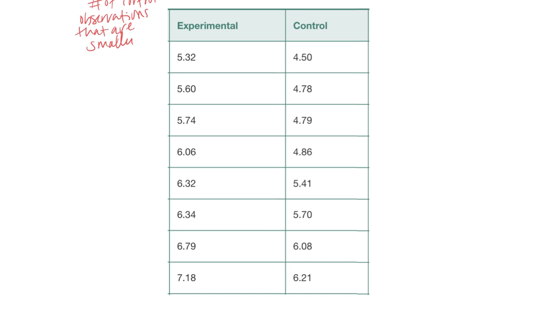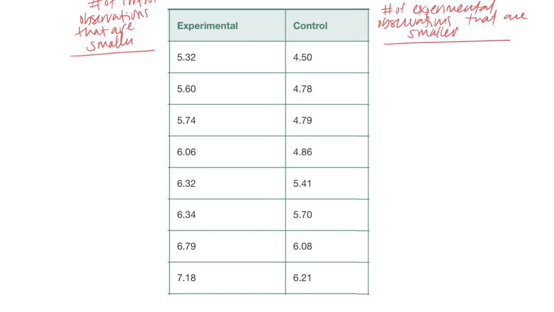So for the left column being the experimental column, I'm going to go down every row and count up how many observations in the other column are smaller than that number. And similarly, I'm going to do the same thing on the right side, the number of experimental observations that are smaller.